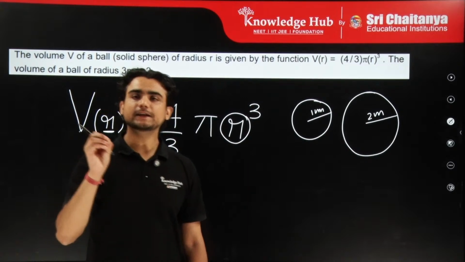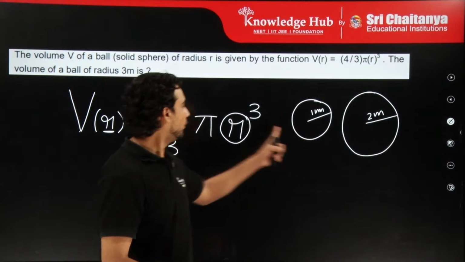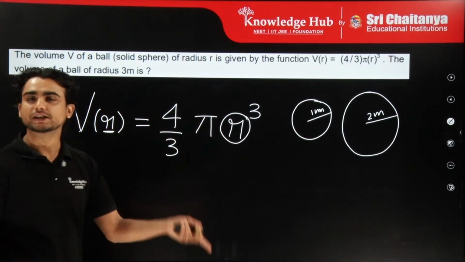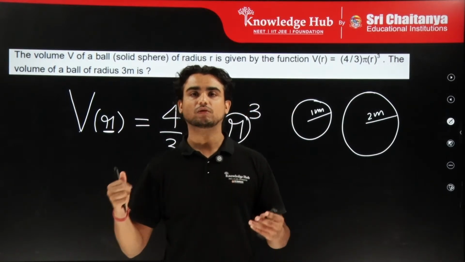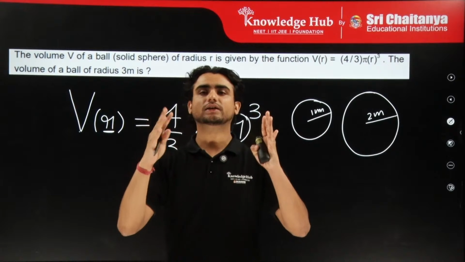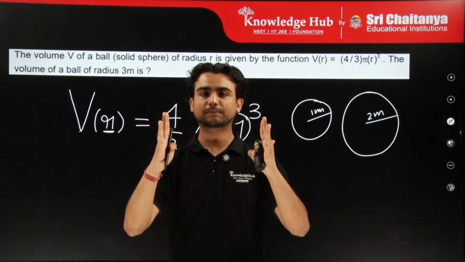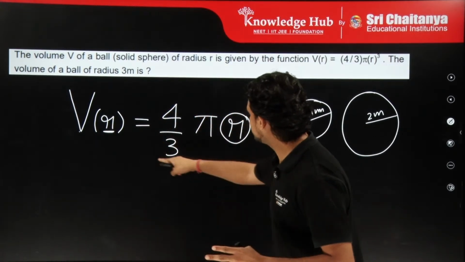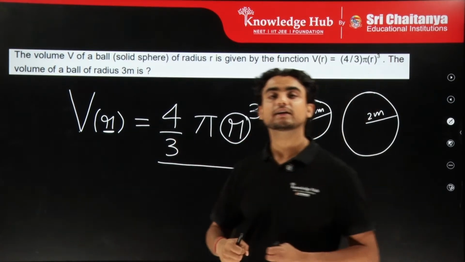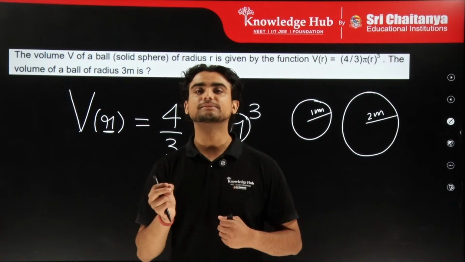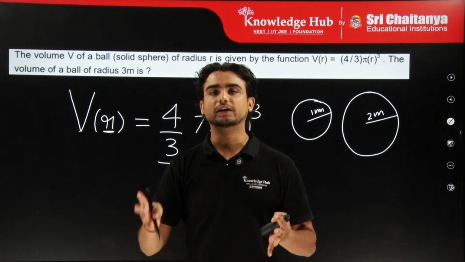So as I keep changing my input, that is my radius, the output, that is my volume, will keep on changing. If we go back to my analogy, in a machine I was giving some input and I'll get some output. Here is my machine, and in this machine I am giving r as my input, radius as my input, and for different radius I'll get different volumes.